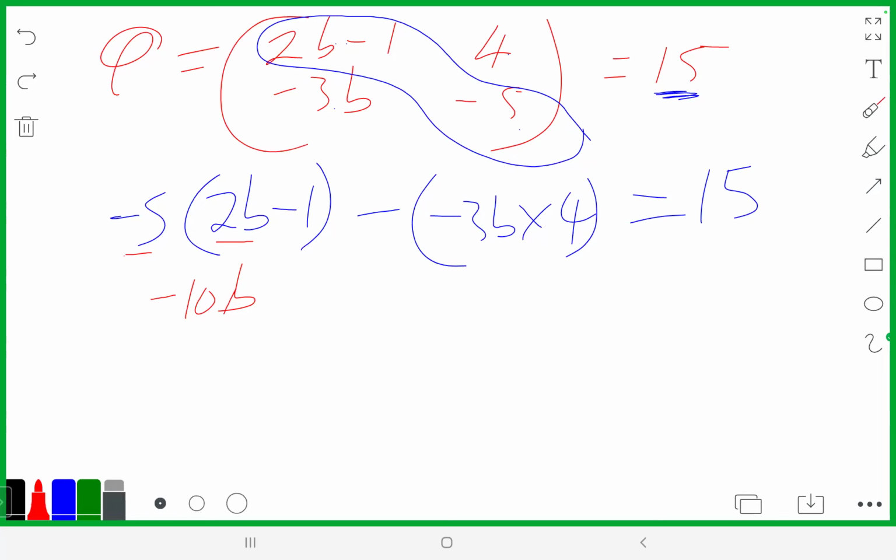It's a negative 5. Okay. Whenever you are multiplying same signs, the answer is positive. For example, positive times positive, the answer is positive. Negative times negative, the answer is positive. But once you multiply different signs, for example negative times positive, the answer is negative. Did you get it?